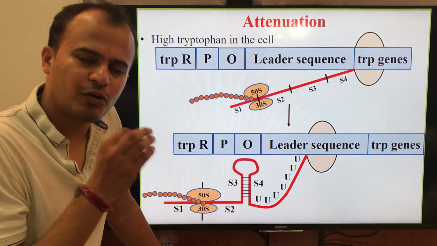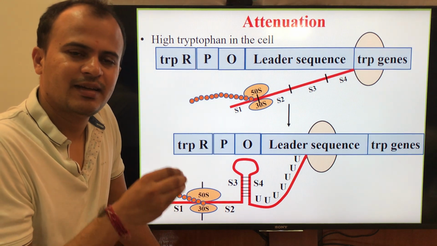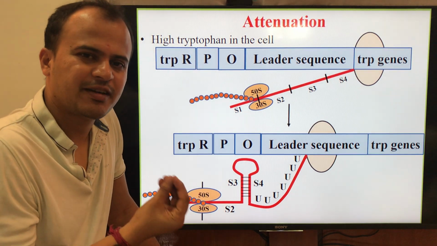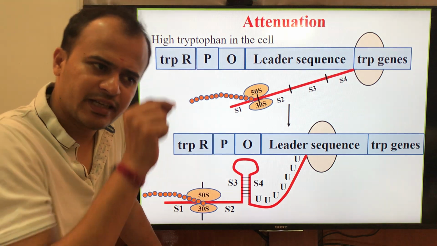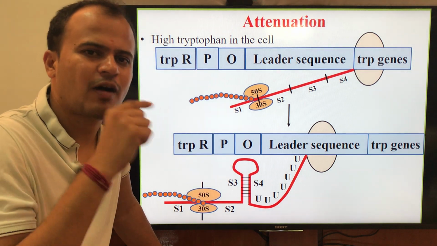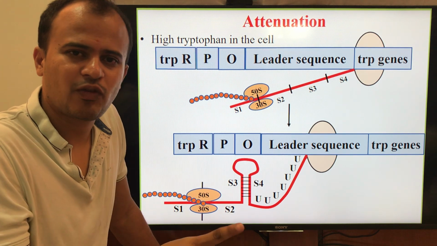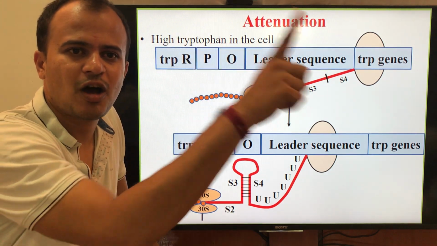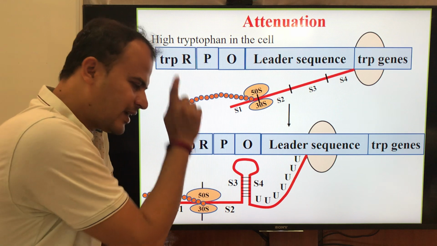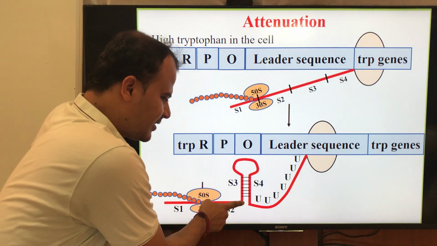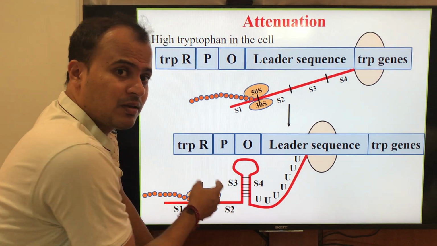And if you know how exactly prokaryotic transcription is terminated, a stem loop structure followed by 7 uracil residues signals for the RNA polymerase to stop its activity. That is what is taking place here. There is a stem loop structure.